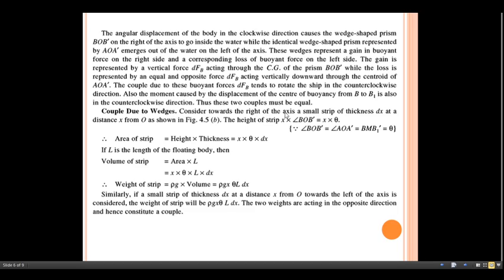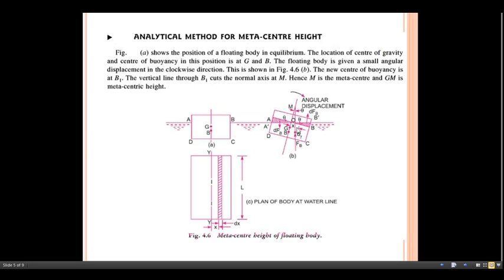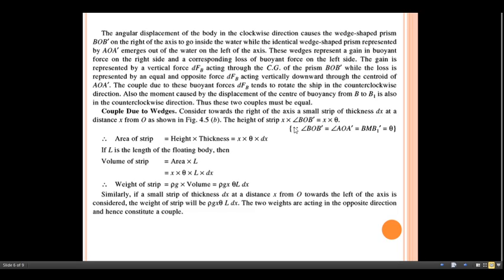Consider, towards the right of the axis, a strip of thickness dx at distance x from O. In the figure, the height of the strip is x multiplied by the angle BOB dash, that is, x multiplied by theta. Now, the area of the strip is height multiplied by thickness.